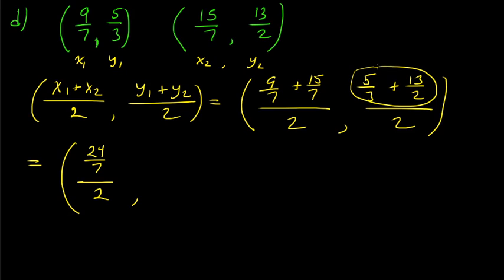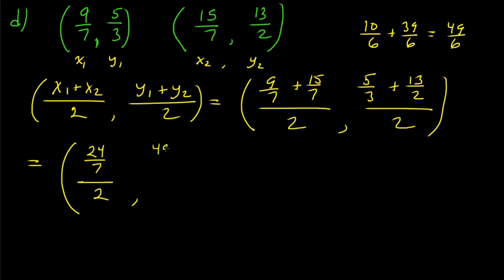Now, these numbers here, we do not have a common denominator. The common denominator here is 3 times 2, right? It's going to be 6. So this is going to be 10 over 6 plus 39 over 6, which gives you 49 over 6. So the numerator here is 49 over 6, and we're still dividing by 2. But dividing by 2 is the same as multiplying by 1/2.